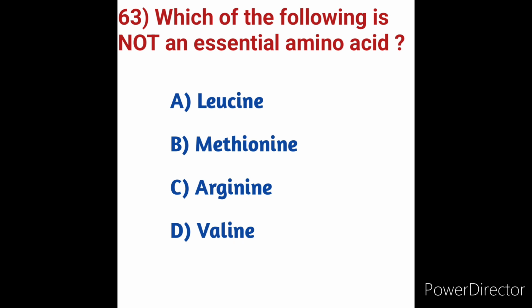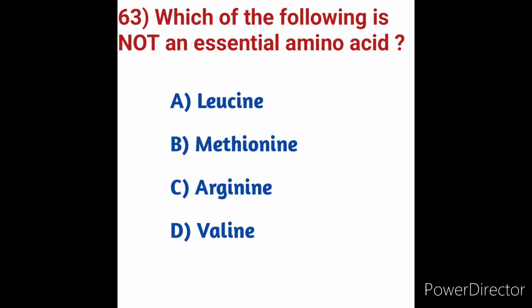The essential amino acids cannot be made by the body, so they must come from food. There are a total of 20 amino acids. 9 are called essential amino acids and 11 are called non-essential amino acids.